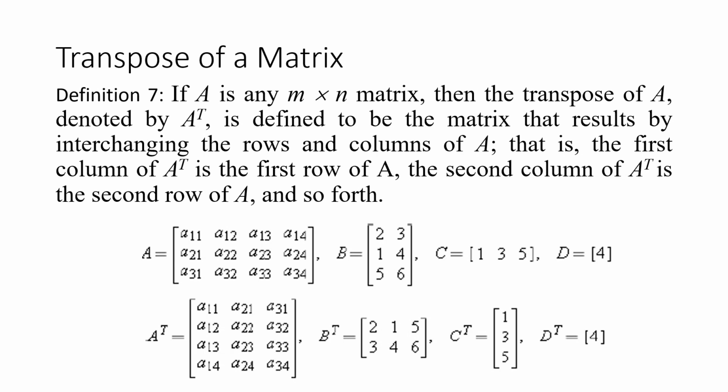Same goes with this one, with B and C and D. So observe that not only are the columns of the transpose of A the rows of A, but the rows of the transpose of A are the columns of matrix A. Therefore, the entry in row i and column j of the transpose of A is the entry in row j and column i of matrix A.